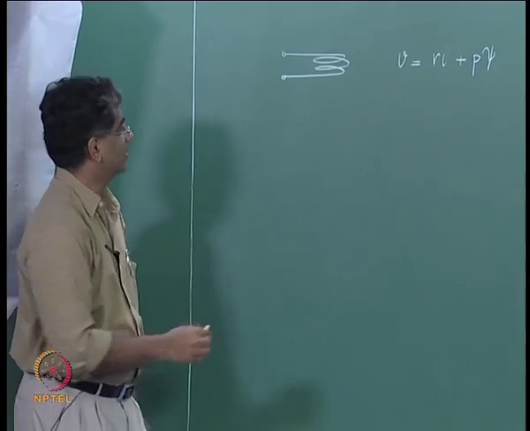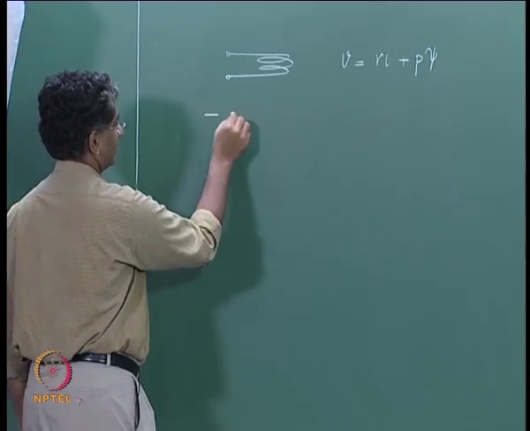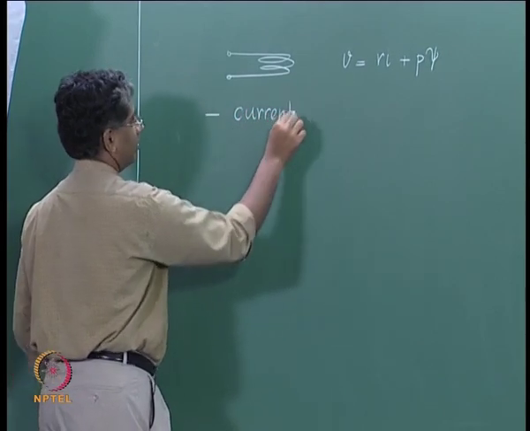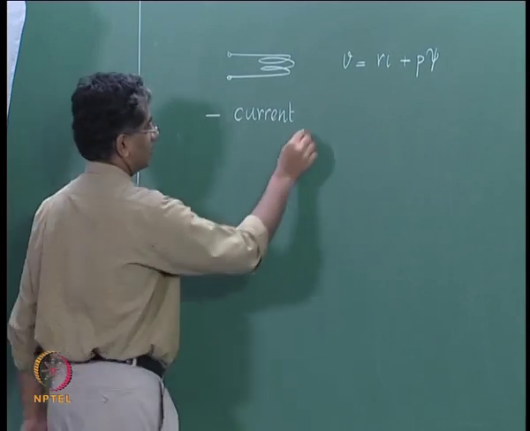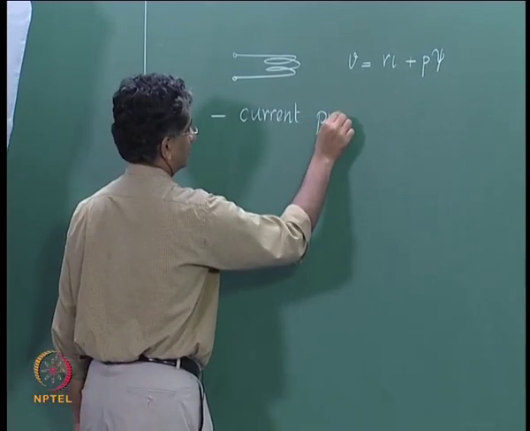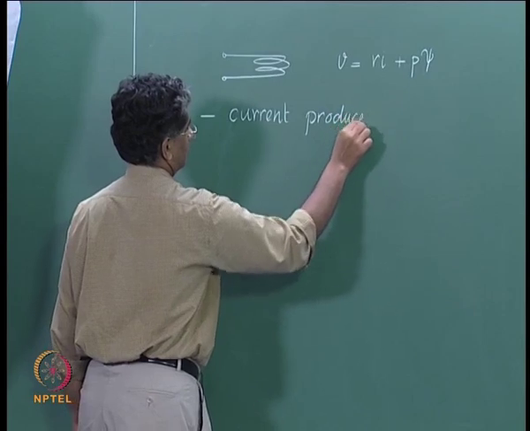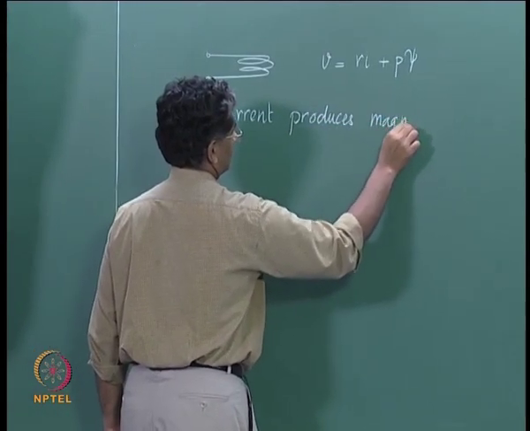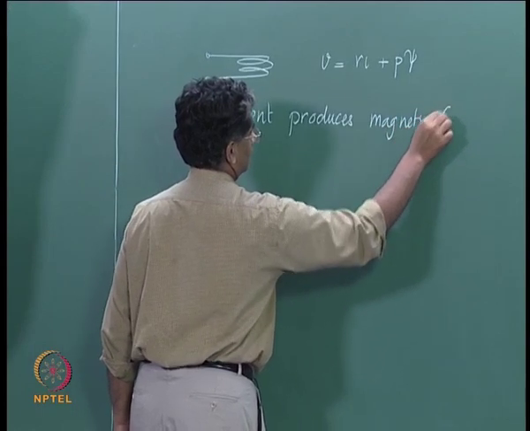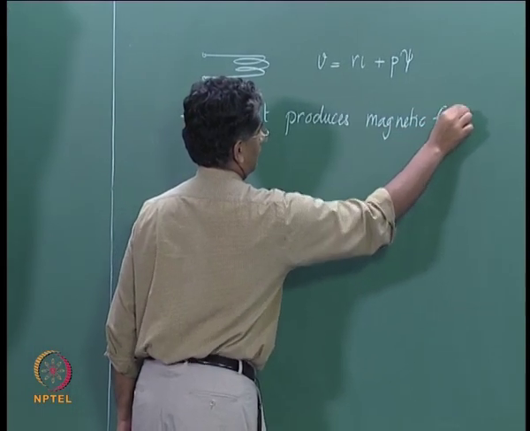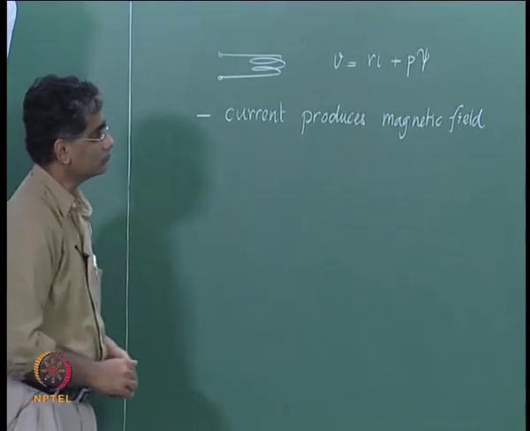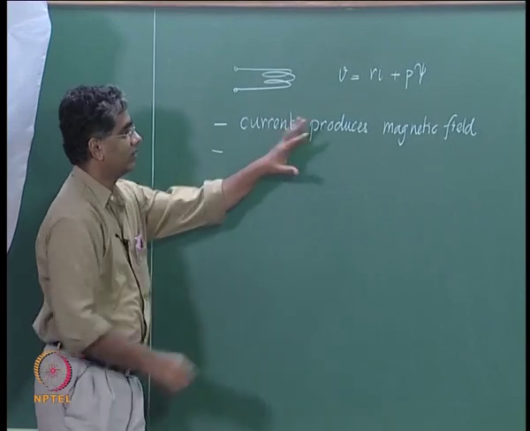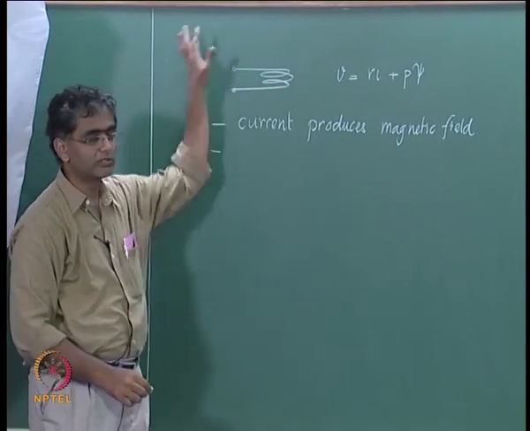What we saw in the last class was that a current in a loop like this produces a magnetic field, and this field exists all over space.